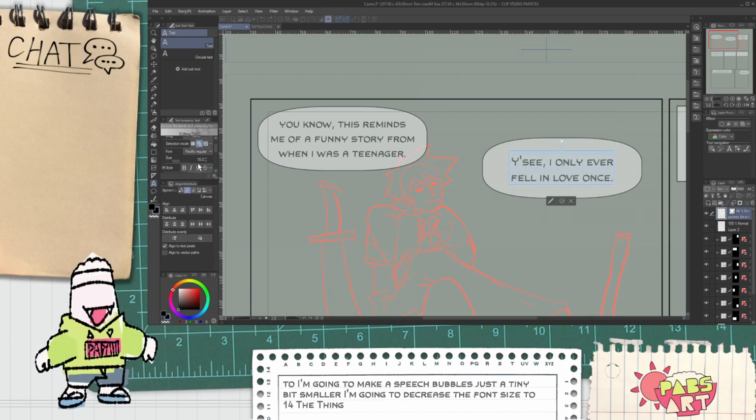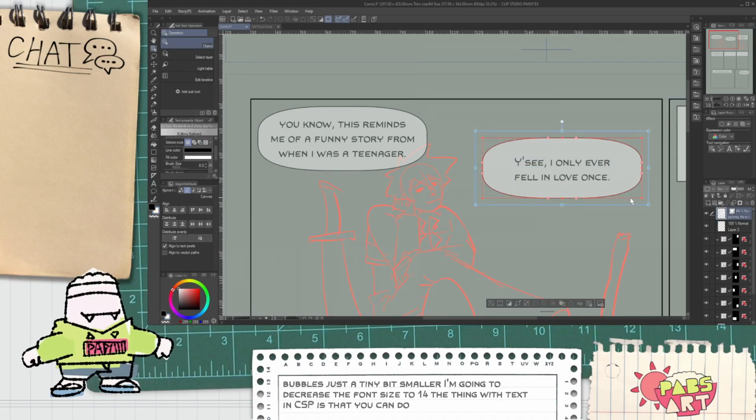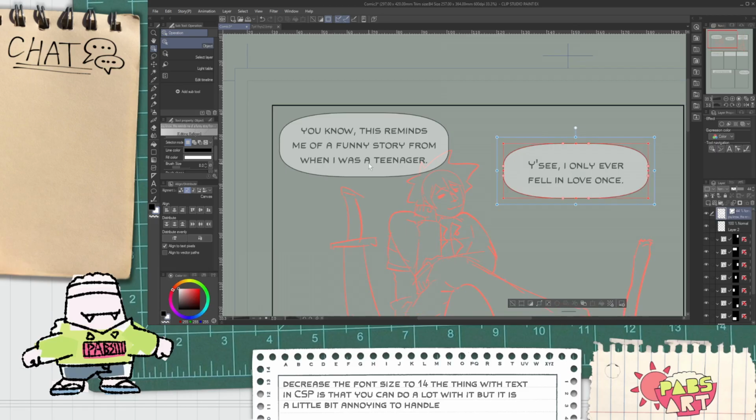The thing with text in CSP is that you can do a lot with it, but it is a little bit annoying to handle from time to time.